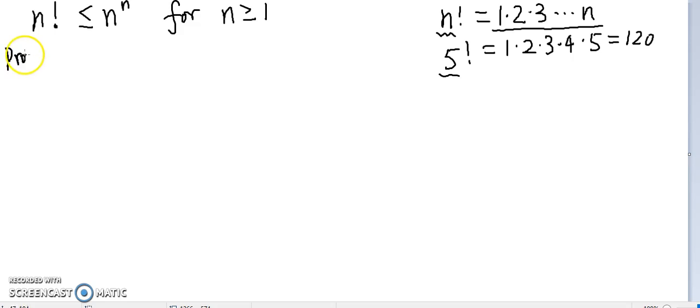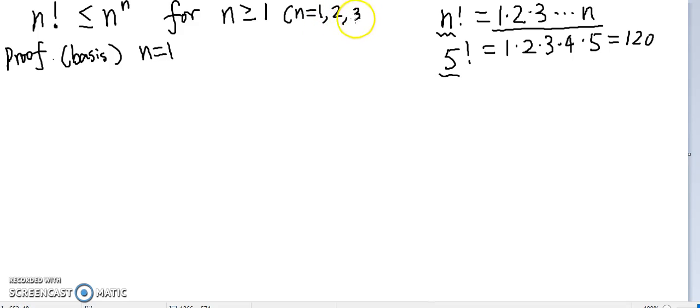So let's try to do the proof by mathematical induction. We start with the base case, n equals 1, because that's the smallest positive integer n can take. Replace the n on the left-hand side with 1, and we get 1 factorial, which means we only multiply 1 to 1, just one number.